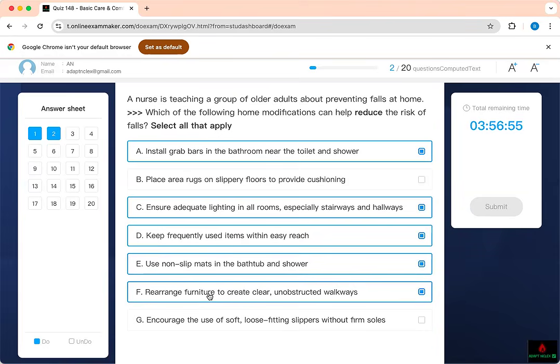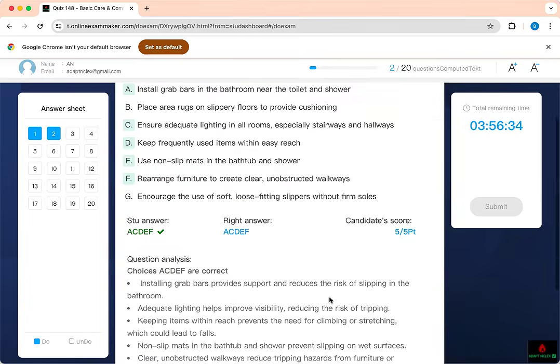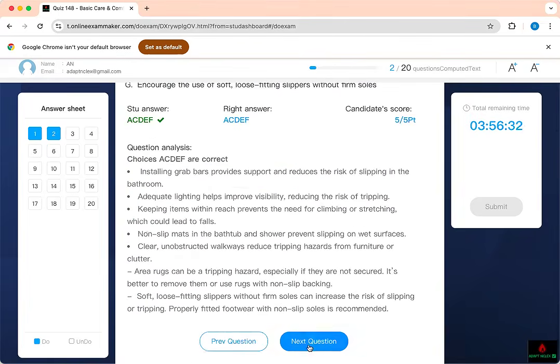Ensure the use of soft, loose-fitting slippers without firm soles. This is the same thing as number 2, trying to trap you. You shouldn't wear slippers, whether loose-fitting or anything like that. Negative, so don't pick it. So the answers are A, C, D, E, F. Master these four, and then you'll be fine. Any question they ask you about these four, you can answer it.